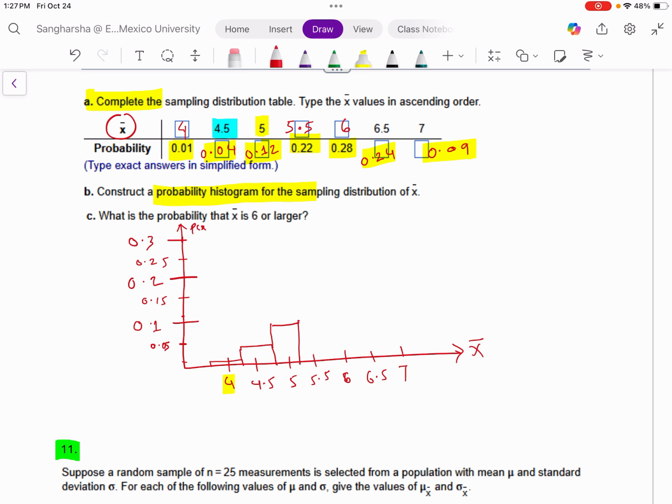5.5, 0.22. So the bar height of this bar is 0.22. 6, 0.28, close to 0.3. 6.5, 0.24, greater than 0.22, right? 7, 0.09.